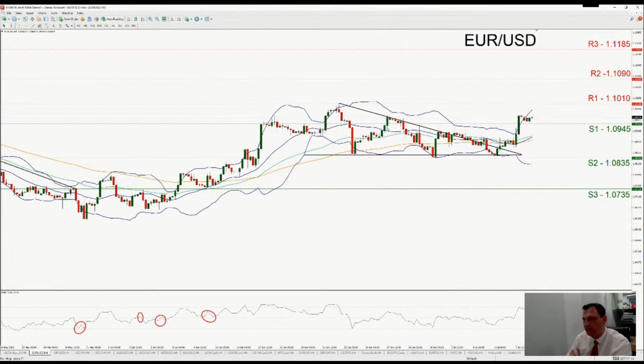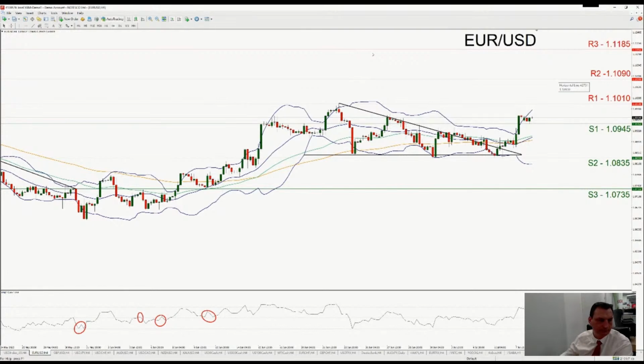So for the time being, the outlook is a little bit more tilting towards the bullish side, and should the bulls take over, I would require a higher peak than this one. So the price action has to rise, break above the R1 1.1010, and start aiming for the 1.1090.